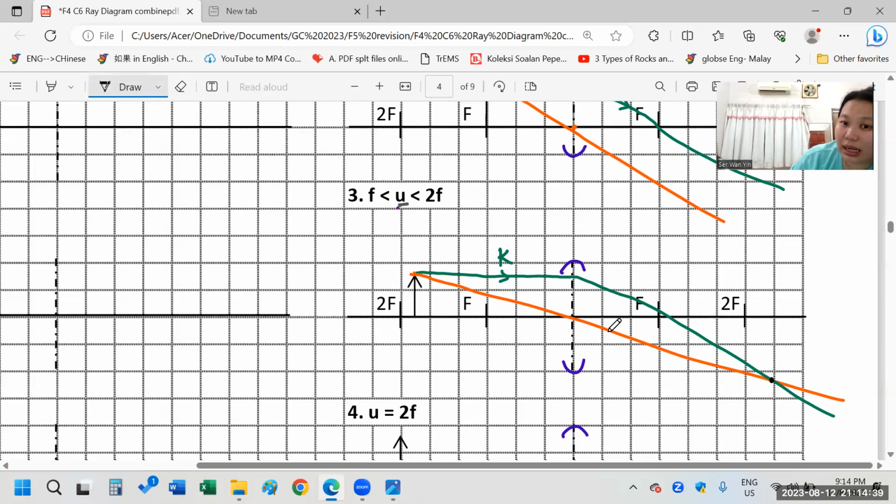But let me ask you a question, KFC. This light comes from where? The tip. This light comes from the tip. So here will be the tip, then connect back to the principal axis. See the light intersect from object to image.